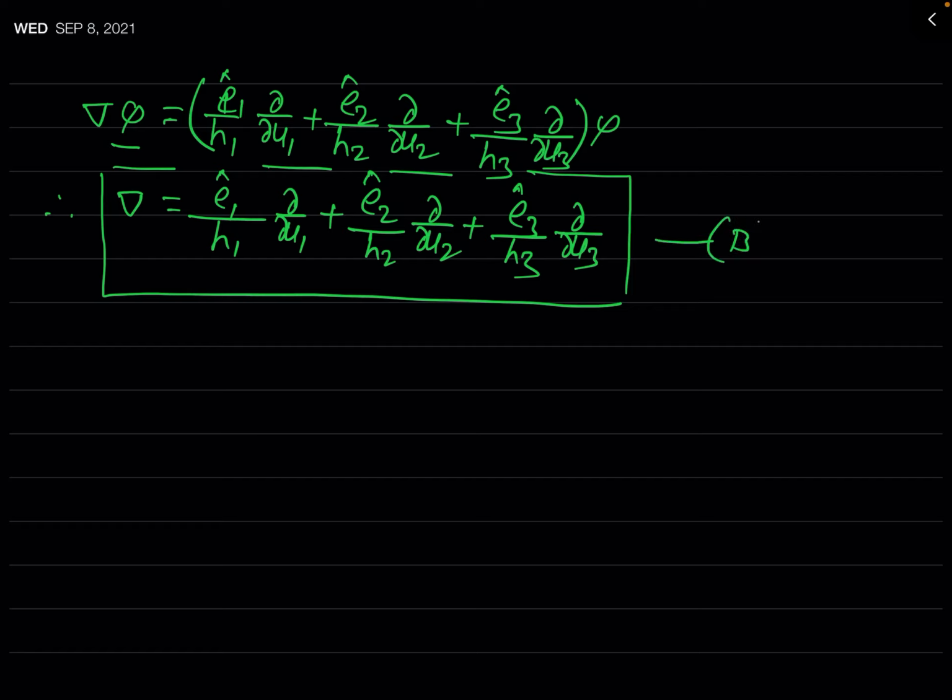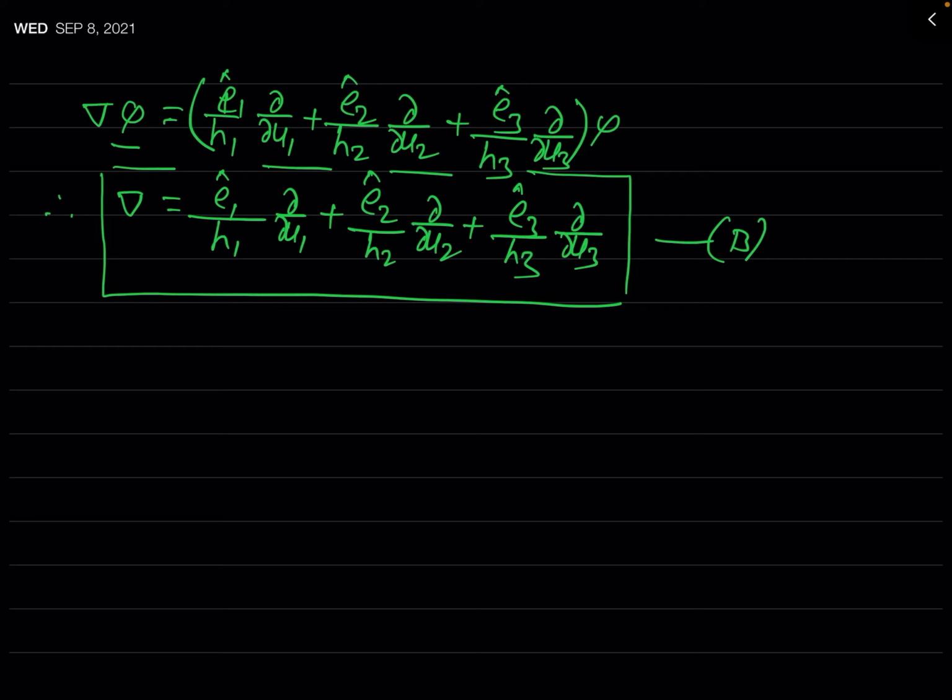Actually, when we see a particular orthogonal curvilinear coordinate system, like Cartesian coordinate system, spherical polar coordinate system, and cylindrical coordinate system, then we will have to find the values of these scale factors h1, h2 and h3. These scale factors are different in different orthogonal curvilinear coordinate systems.